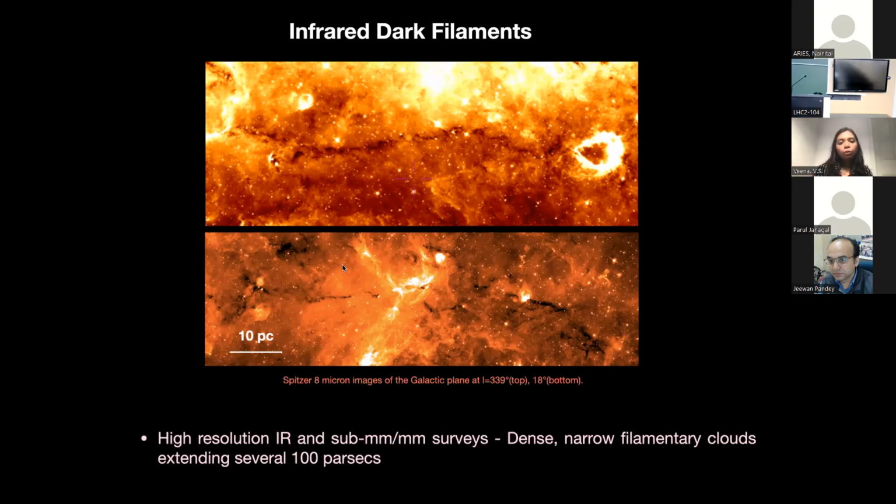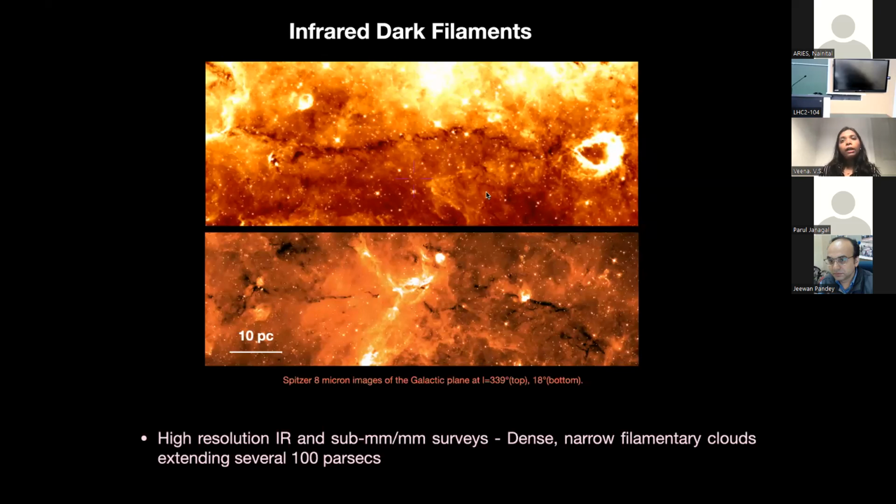So these kind of clouds are called infrared dark clouds, and they appear in many morphologies. But specifically, people are interested in trying to understand this kind of filamentary clouds, which are extremely linear, string-like, and extremely long compared to the typical clouds we see in the galaxy so far.